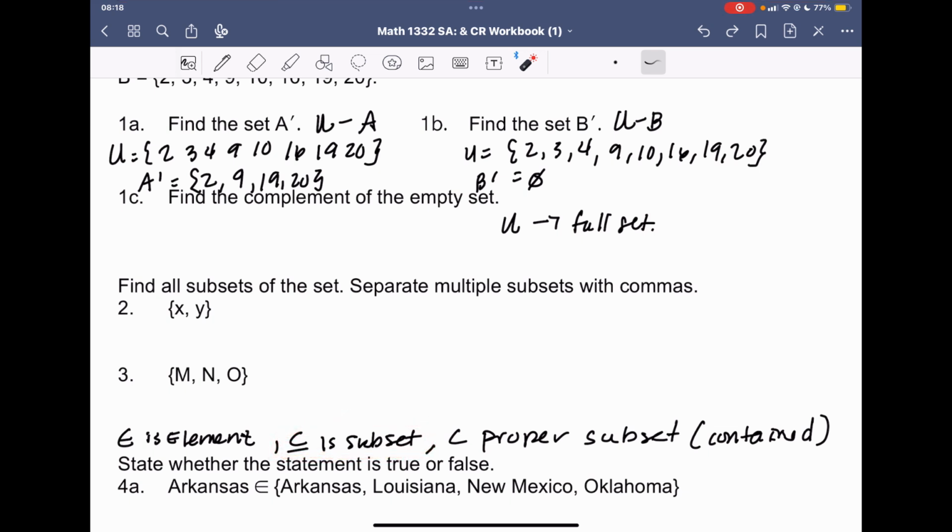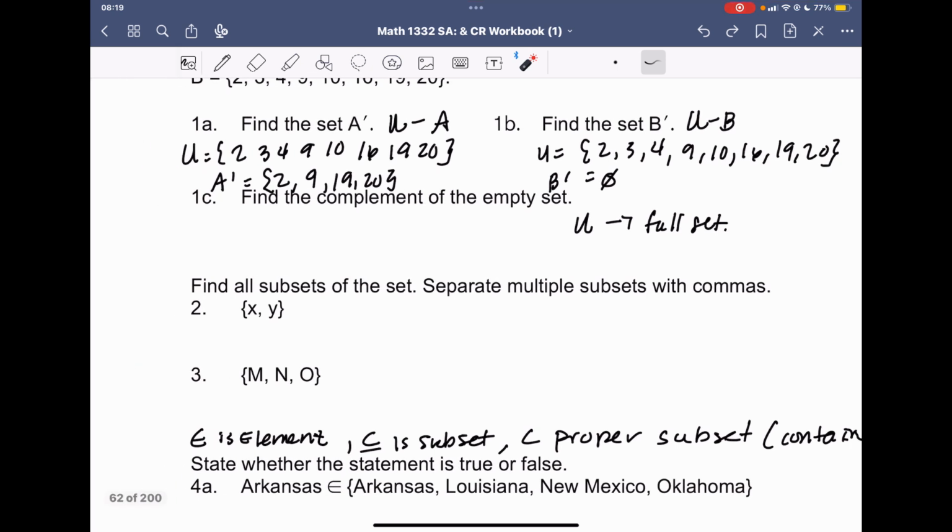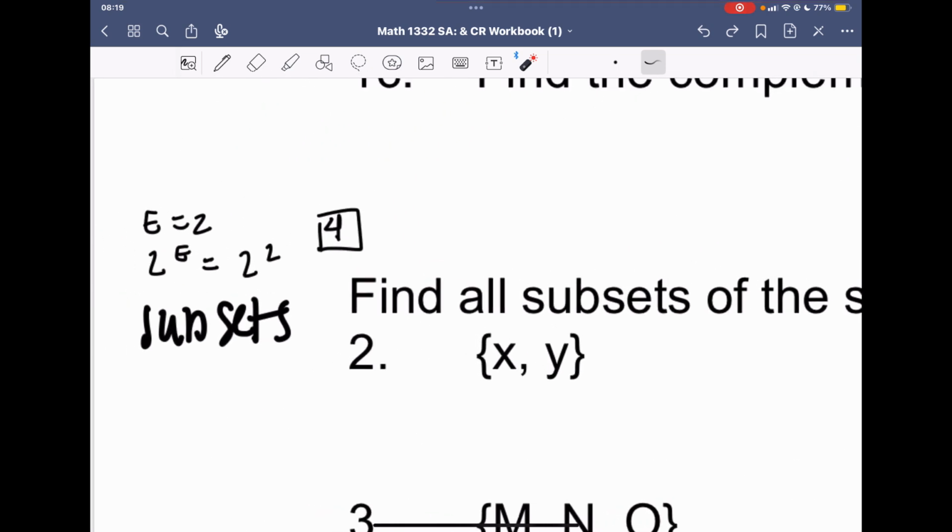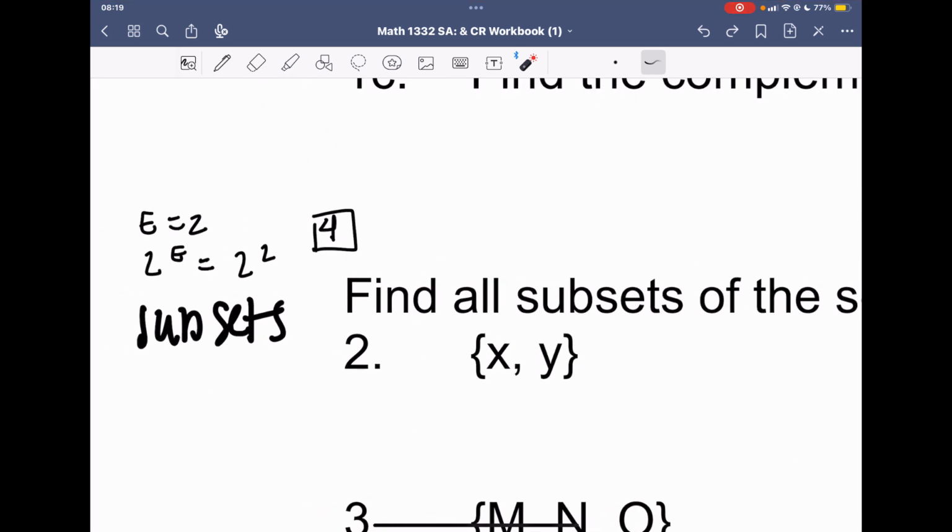So we're going to create subsets first. And so the formula is that we need to determine how many elements are in our given set. So there's 2 elements, and then 2 raised to the number of elements is going to tell us the number of subsets.